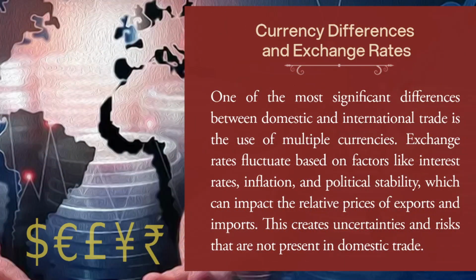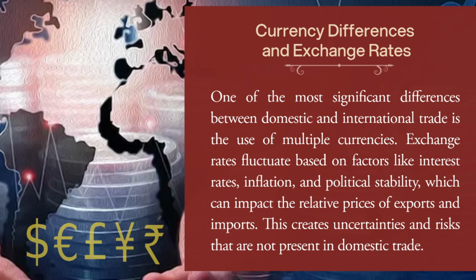Another important reason why we need a separate theory of international trade is exchange rate and currency differences. One significant difference between domestic and international trade is the use of multiple currencies. Exchange rates fluctuate based on factors like interest rate, inflation, and political instability.